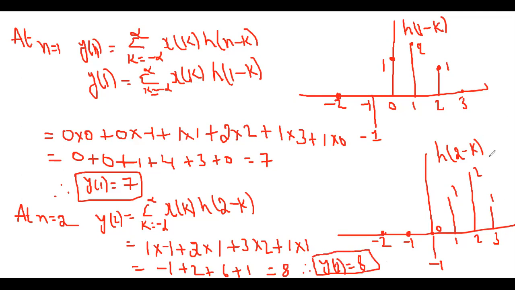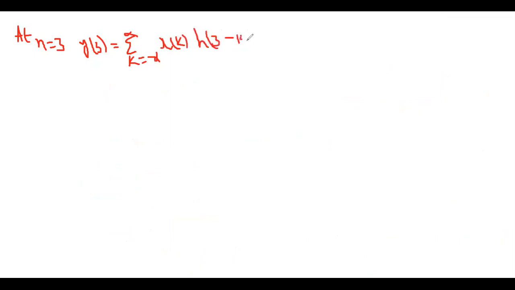Okay, my dear students. Again, the next value is h of 2 minus k, now it is h of 3 minus k, at n is equal to 3. So y of 3 is equal to sum of k equal to minus infinity to infinity x of k h of 3 minus k.